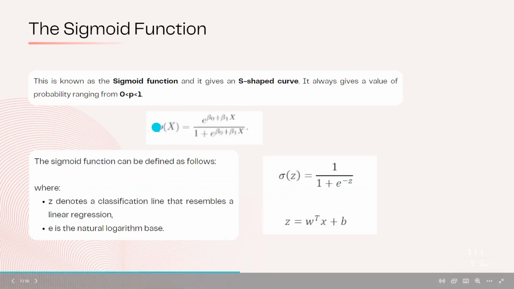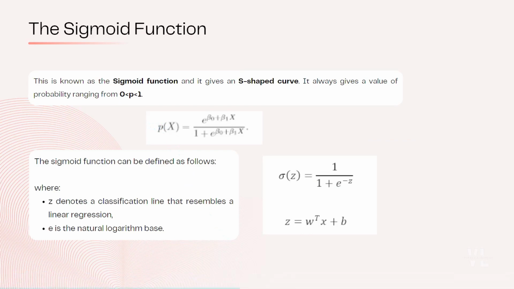Once we get this equation from the logit function, this representation is known as the sigmoid function. You might not have seen this formula being used to represent the sigmoid function, but you might be familiar with this other representation. Both representations are the same. We just need to divide by e to the power of beta naught plus beta 1x here, and you'll get this representation.